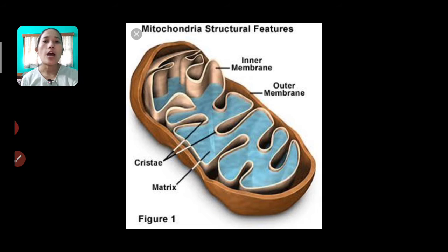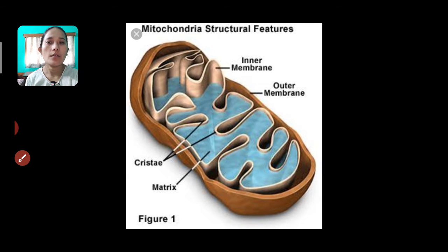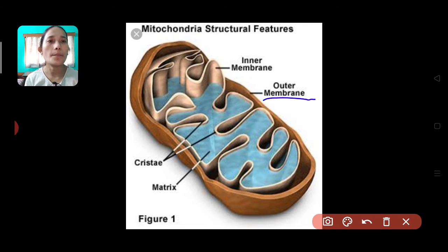It has an outer membrane and your inner membrane, as you can see, is folded into finger-like projections. Those finger-like projections are referred to as your cristae. And the inner membrane is filled with a fluid. That fluid is referred to as your matrix.